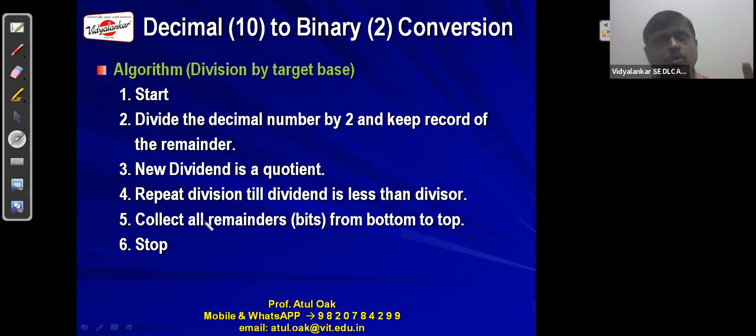Finally, once I stop division, I will collect all remainders, which are bits, okay. So remainders will give you the bits of binary from bottom to top, and I will stop, okay. This is the end of my algorithm.